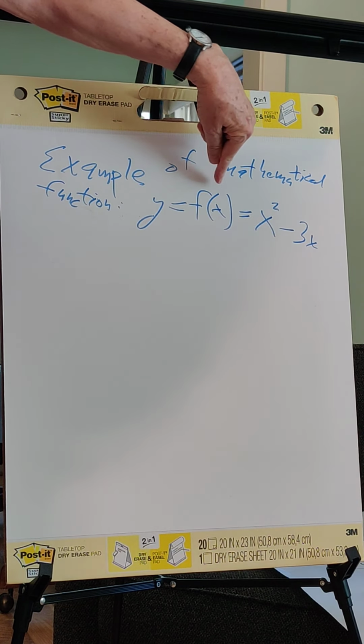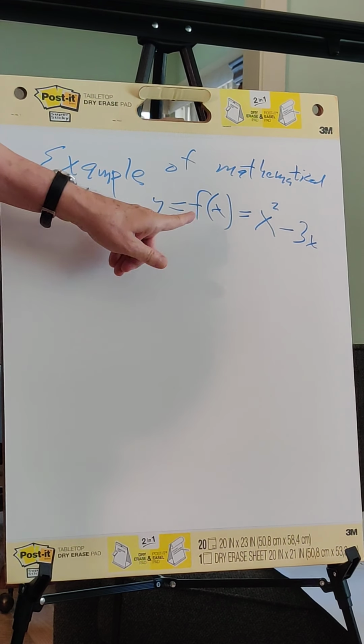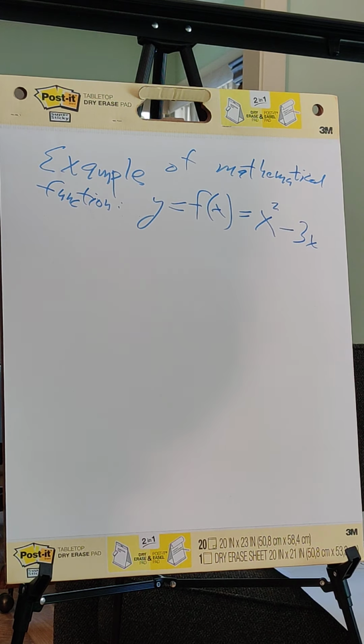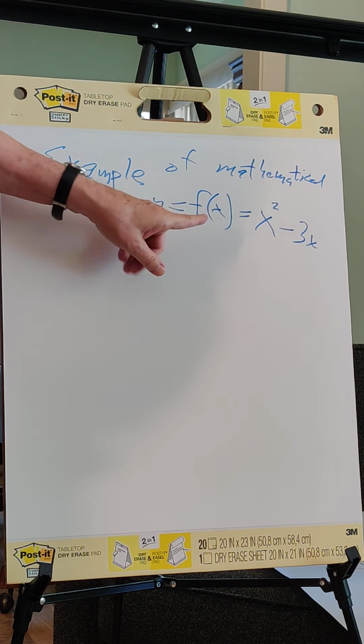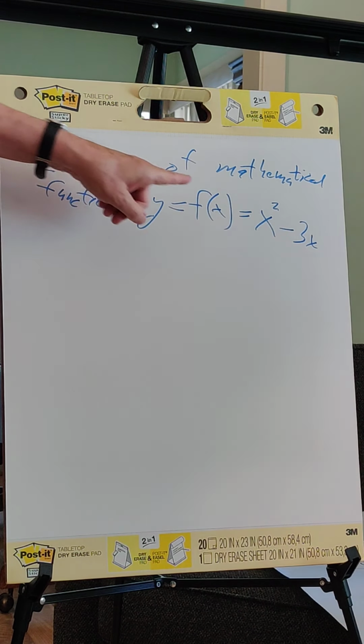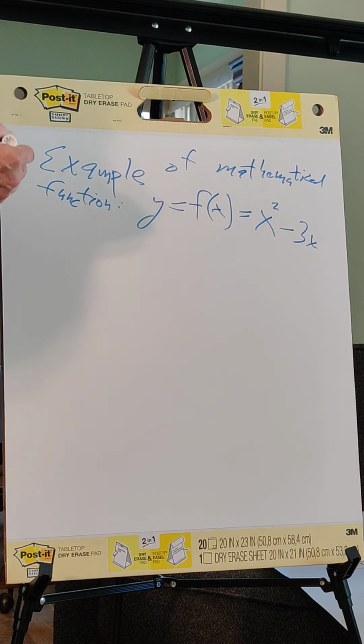When we write f and then parenthesis x, we don't mean multiply the numbers f and x. f, in fact, is not even a number, so we couldn't multiply f and x. f is the name of a function, so if we write f by itself, it's the name of this function that we've just defined.